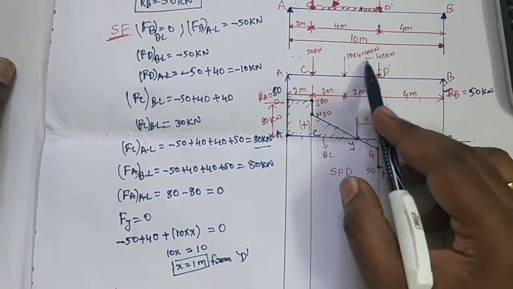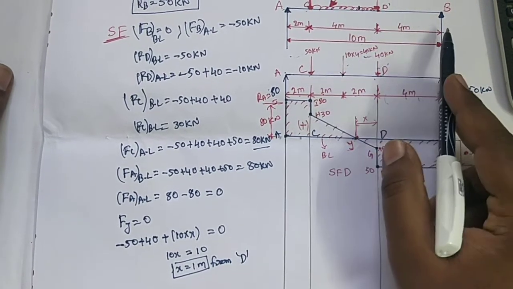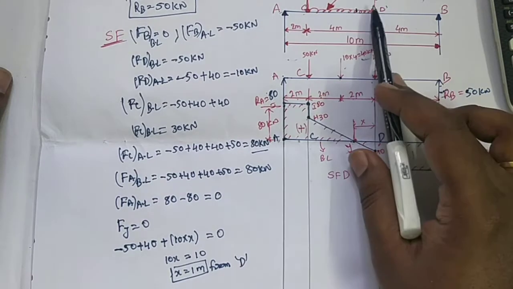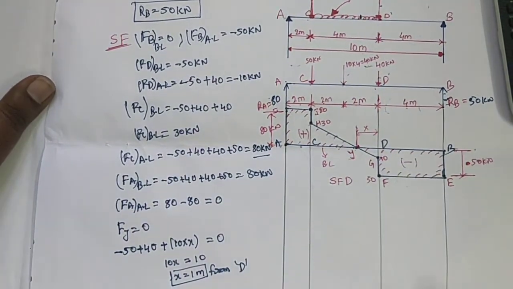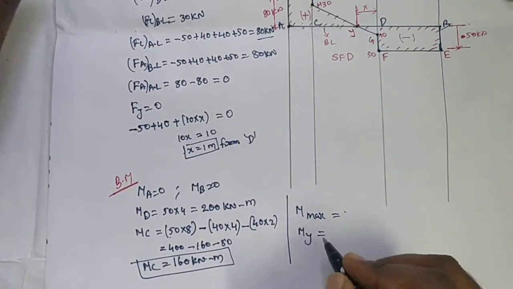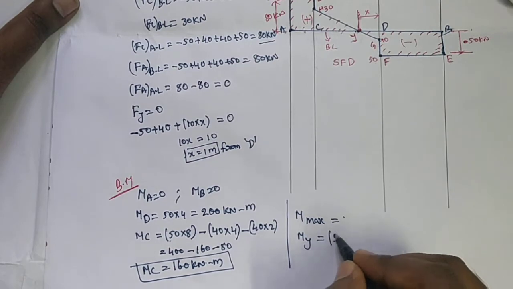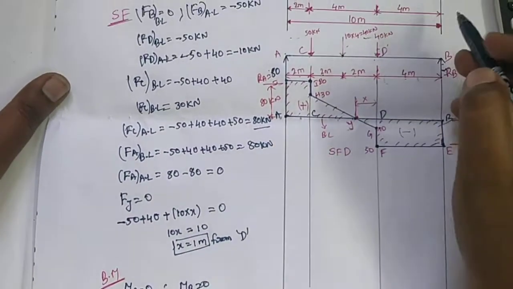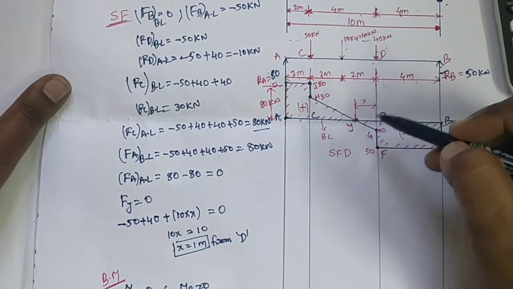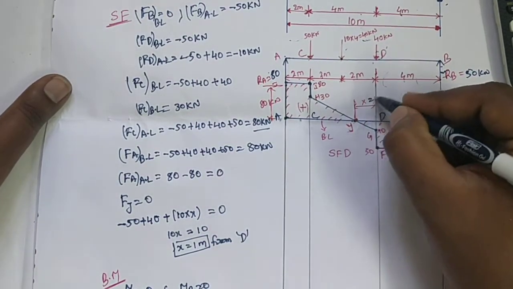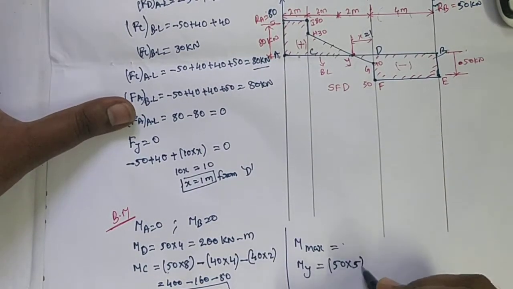Right side of this point having some load, that is one reaction force, one point load and some UDL. First we need to look at the reaction force. It is 50. The distance from this load to this point is 4 plus x. X is 1. That is 50 into 5.